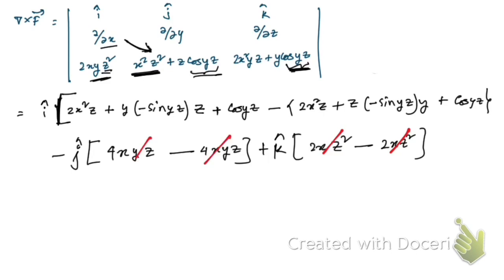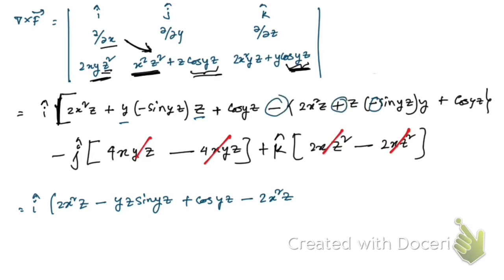So what we have got here is i cap and 2x squared z, so y into z, and minus plus, that's going to be minus yz sine yz, right? Then plus cos yz, then minus, remove this bracket, 2x squared z, this minus plus minus, again this minus, that's why minus plus, right? yz sine yz, right?